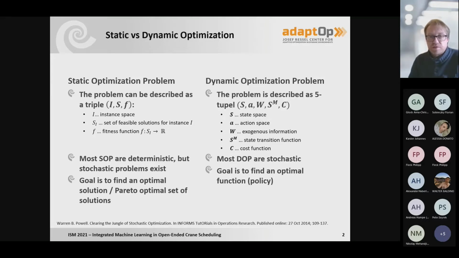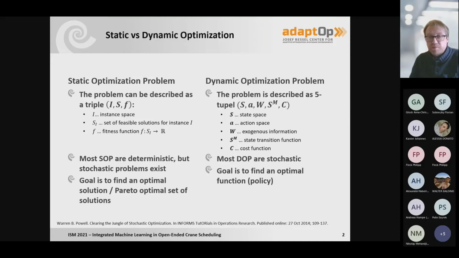We have a state space, actions that we can recommend, and some kind of exogenous information. You can make little steps that would be considered good from the point of view of a certain cost function, but in the end it leads the system towards a state which is undesirable, and that is something you want to avoid.